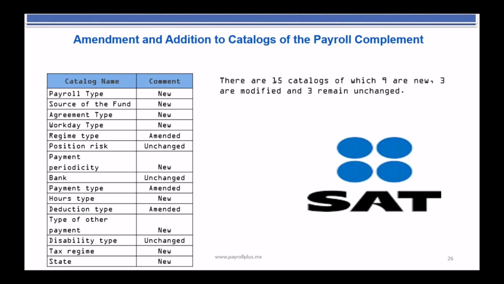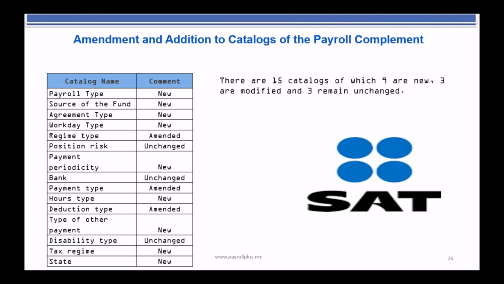So here is a list of each catalog that we are going to review individually. For example, we have payroll type, which is new. The source of the fund, which is going to be for government, is also new. The type of agreement under which the employee has been contracted, and so on. These are the 15 catalogs, and we're going to use them for the specific codes that they include.